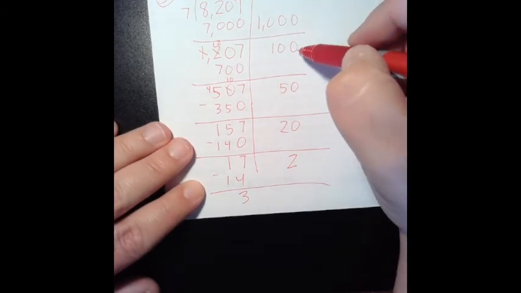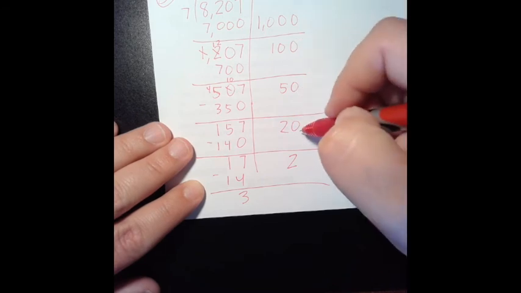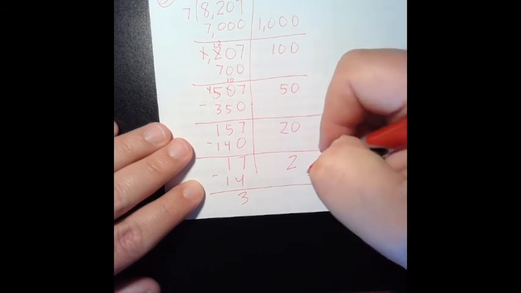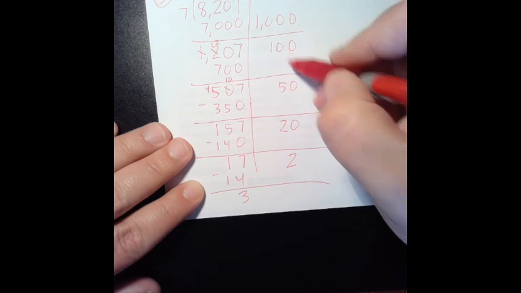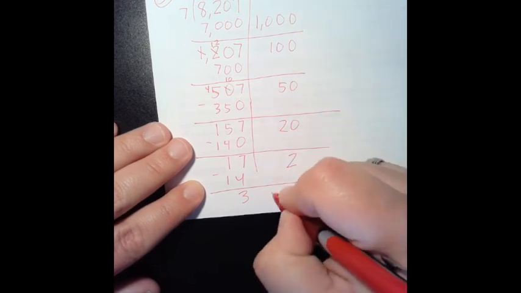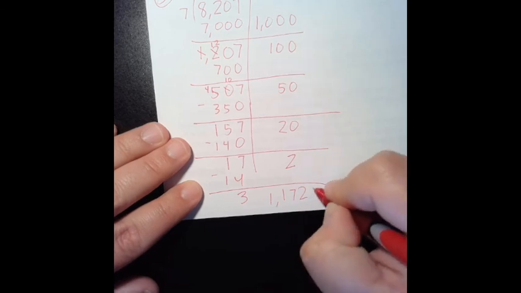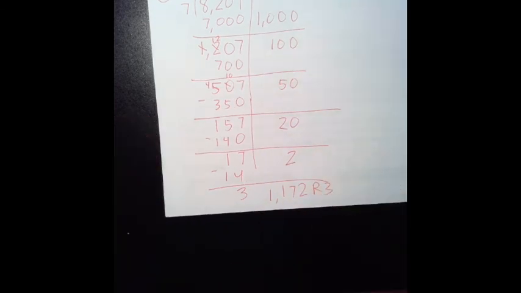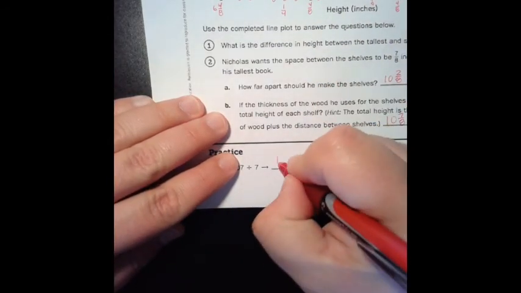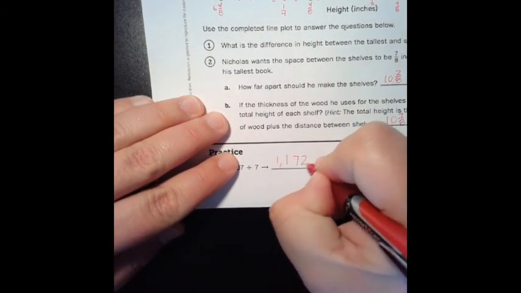So 1,000 plus 100 is 1,100. 50 and 20 is 70, plus 2, so it's 1,172 with a remainder of 3. Can't forget that remainder. All right, so that again was 1,172 with a remainder of 3.